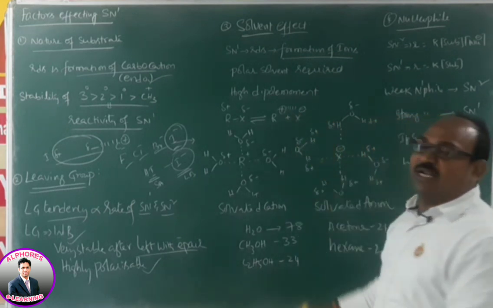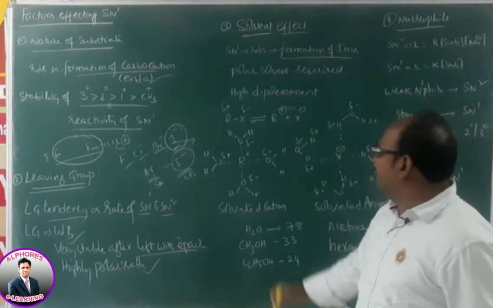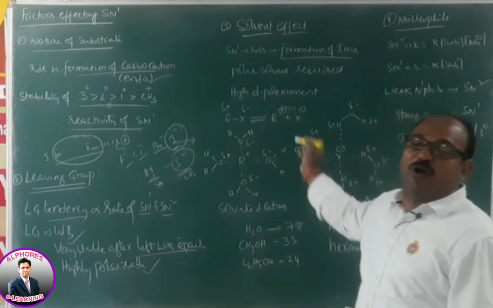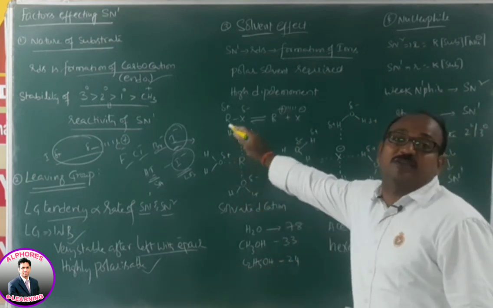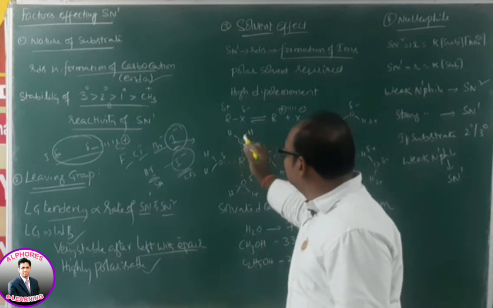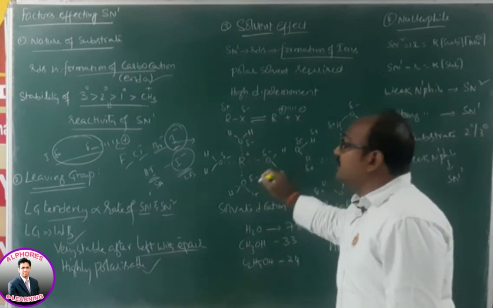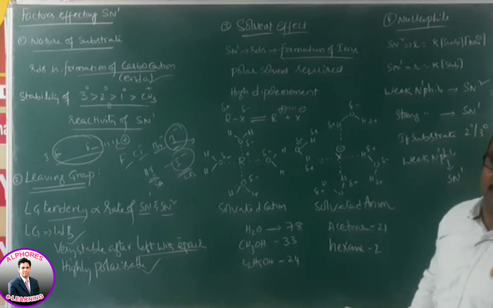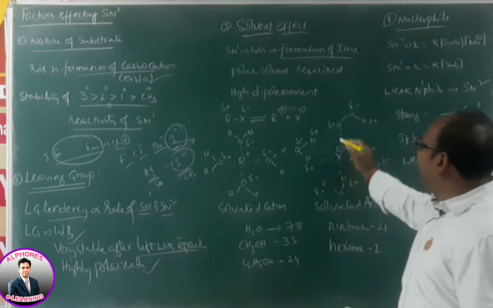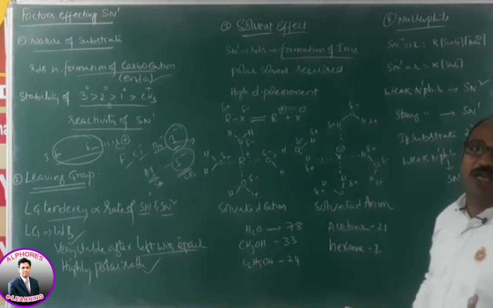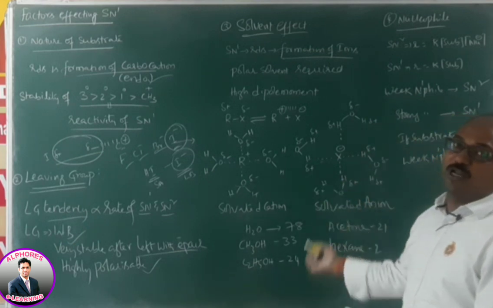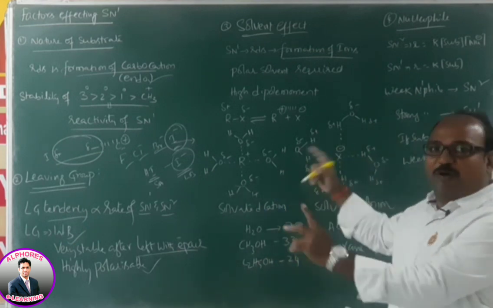Here, once R plus and X minus are both formed, R plus will be solvated by water molecules with the oxygen face, which bears a negative charge, and X minus is surrounded by the positively charged hydrogen atoms of water molecules. Both are solvated by water molecules.